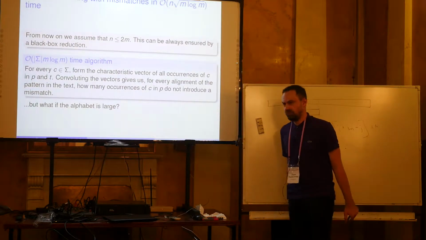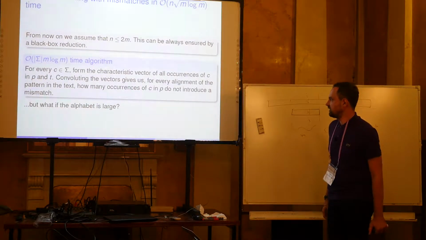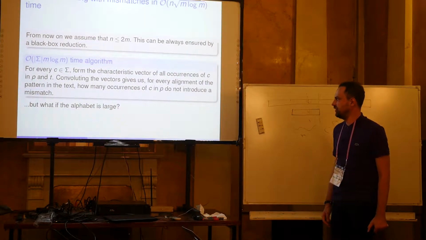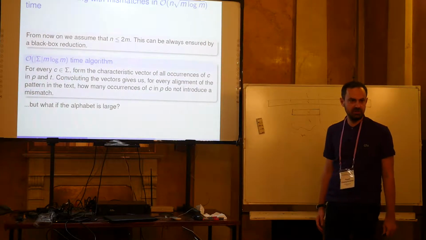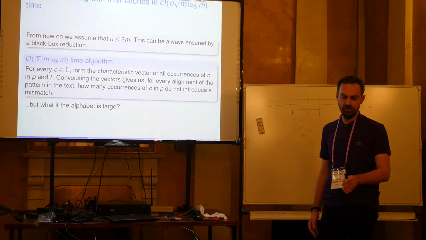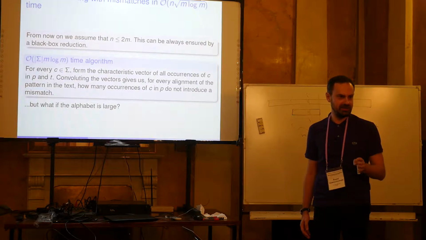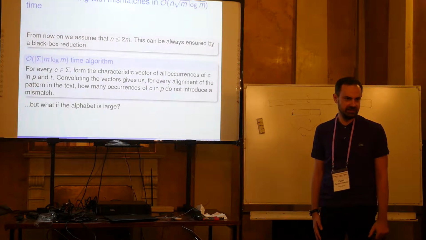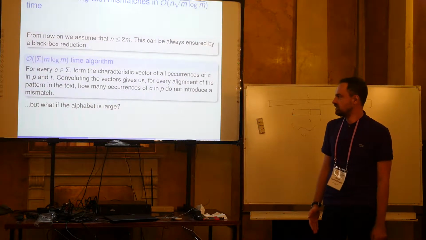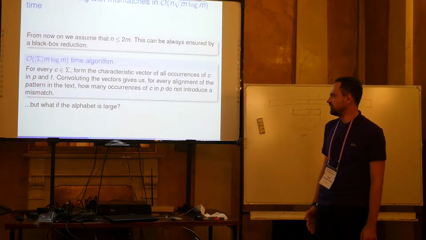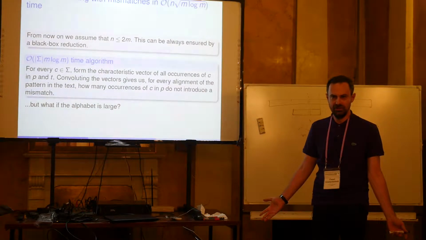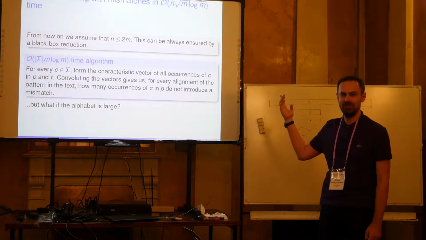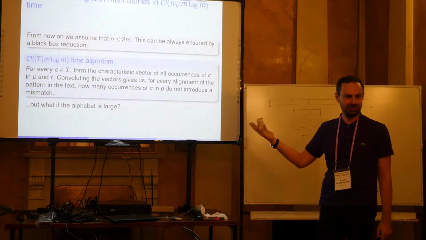Okay, so what to do if the alphabet is large? So the intuition is that if your character c occurs very few times in your pattern, maybe it doesn't occur at all in the pattern, just in the text, then it doesn't make any sense to run this convolution for that character, right? Because you don't get any information. Similarly, if your character c occurs just twice in the pattern, you have spent so much time computing its matches, but it occurs just twice in the pattern.